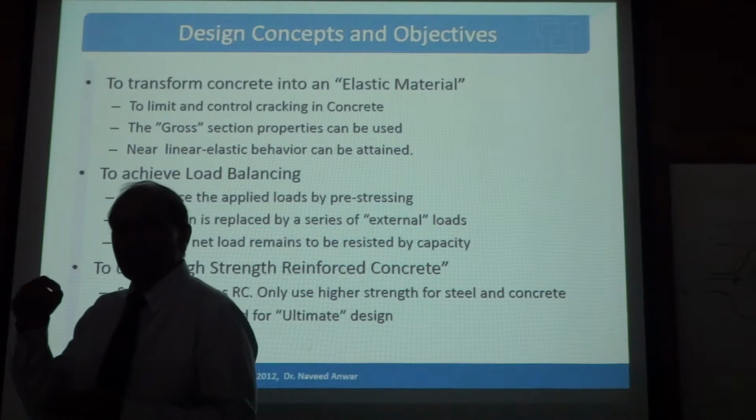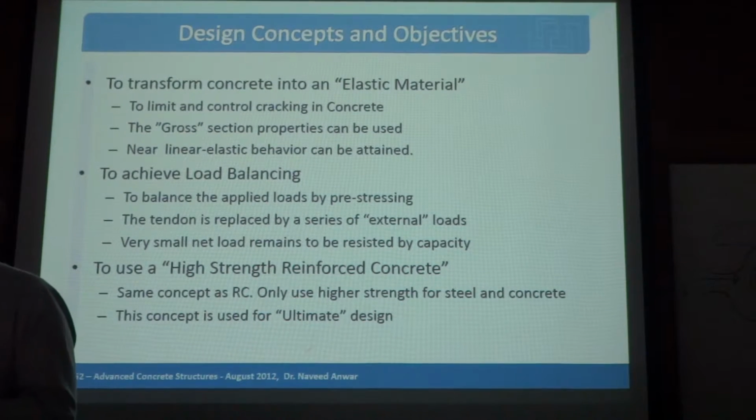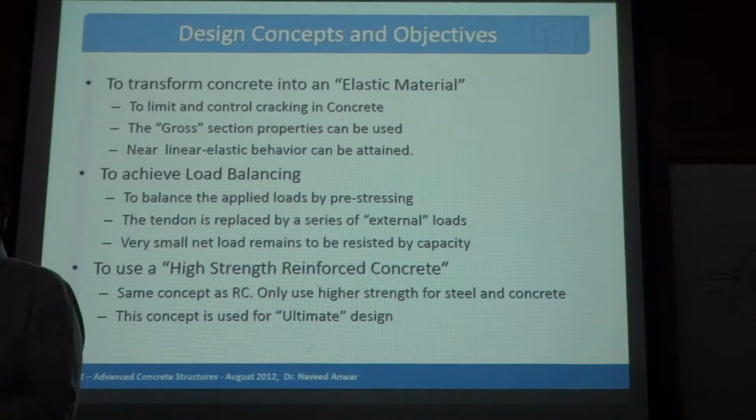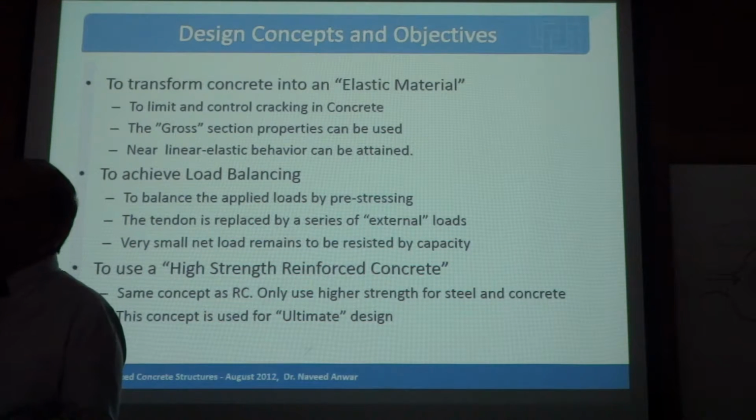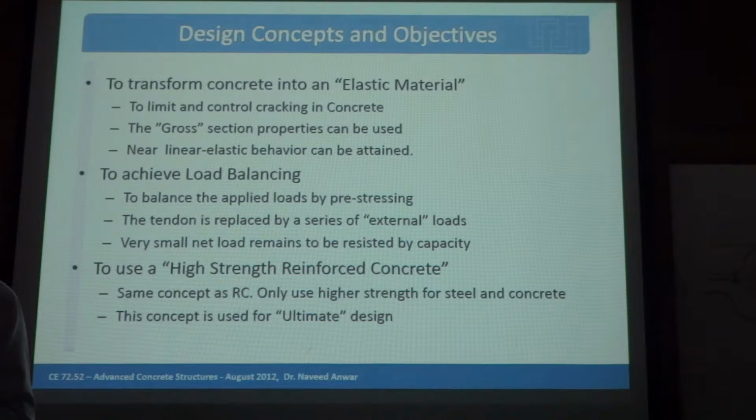Rather than non-linear, inelastic reinforced concrete, we convert that into an elastic material, which makes our analysis and design assumptions very correct. Normally in our analysis we assume the materials to be elastic, but I told you that reinforced concrete is not elastic, it's non-linear and inelastic.